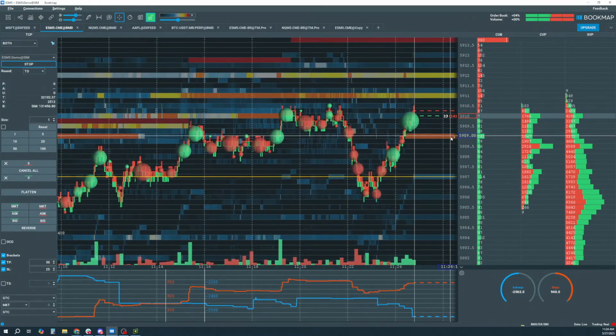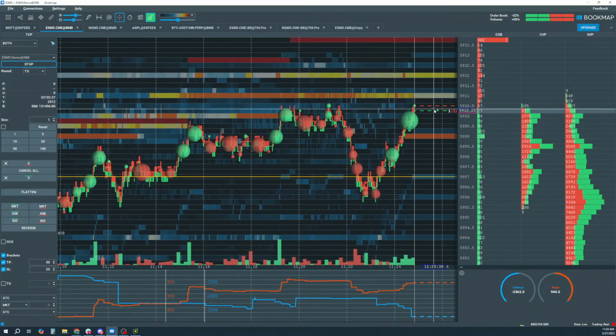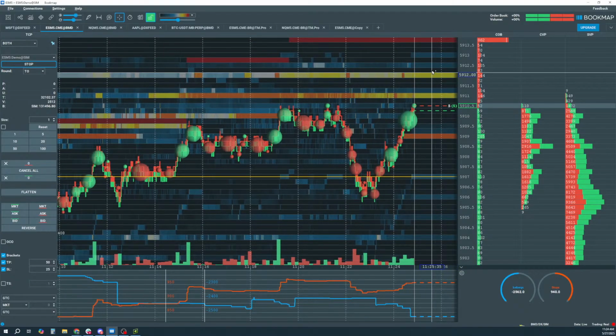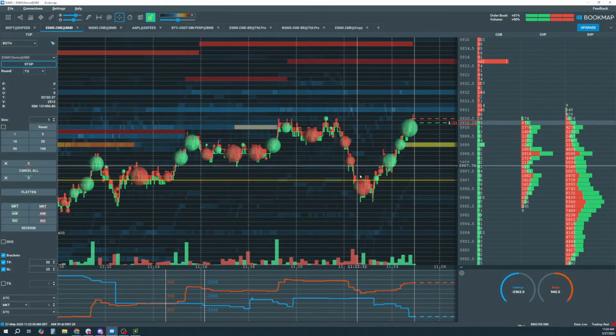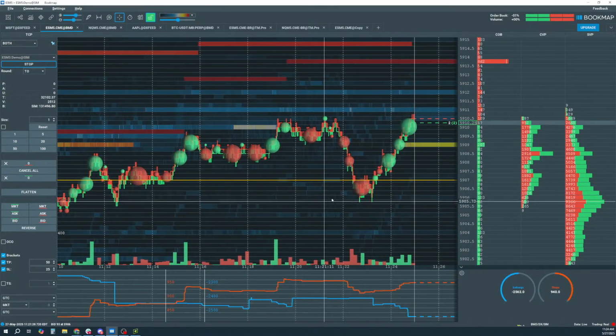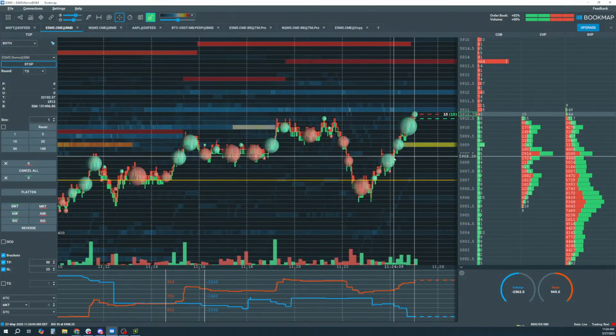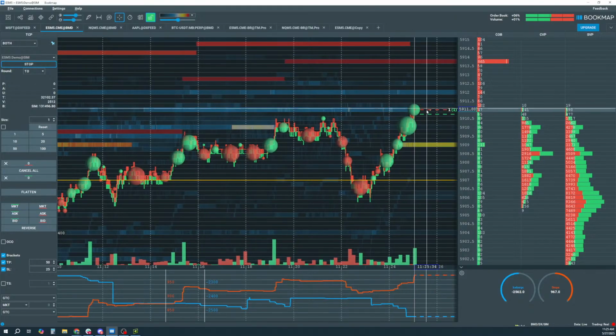Look at high liquidity under here at 09, right? So I would look for these buyers to try to break out now. It looks pretty good. Okay, this one didn't work out, but boy, we found some buyers back here and through here. Okay, and now we're getting our breakout.